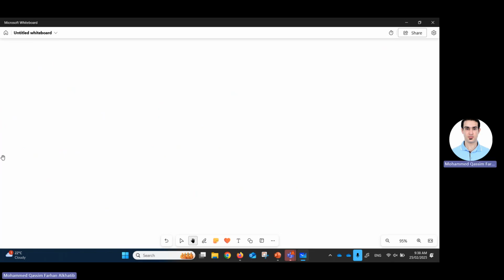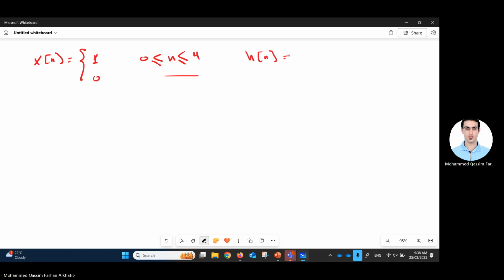So x of n equals 1 from 0 to 4 and 0 elsewhere. H of n also 1, but from -2 to 2 and 0 elsewhere. And I ask you to do the convolution.